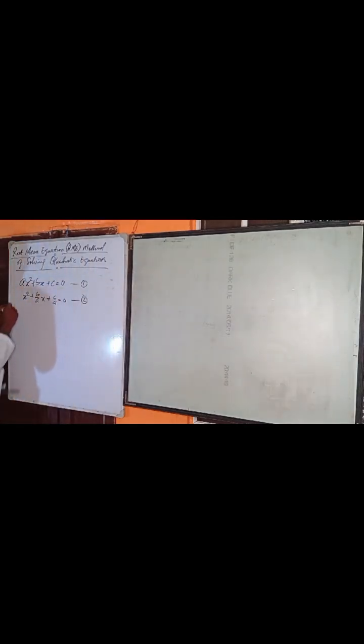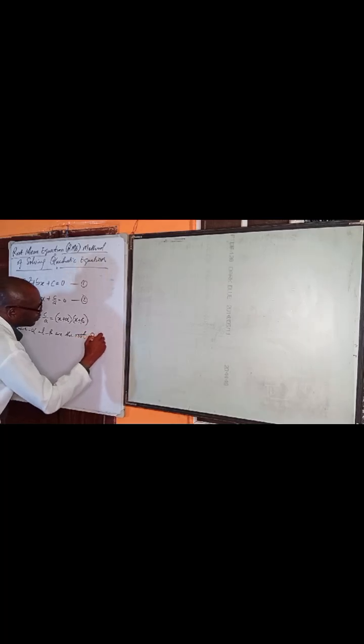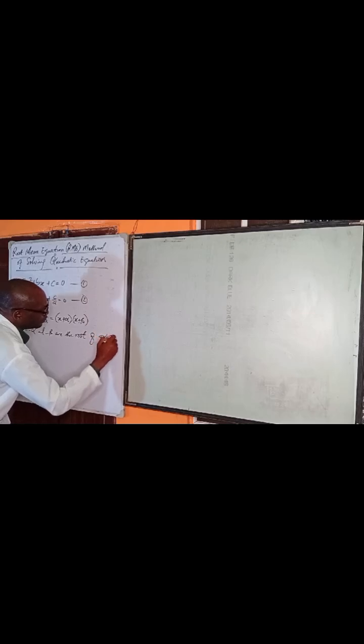So I can write this quadratic equation, x squared plus b over a x plus c over a, as x plus alpha times x plus beta, where minus alpha and minus beta are the roots of equations 1 and 2.